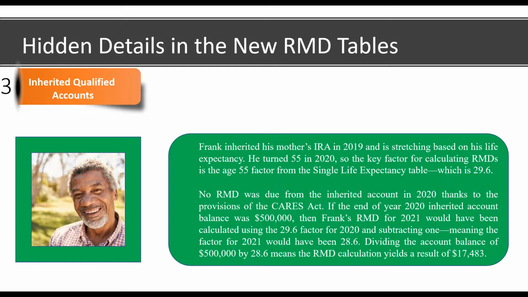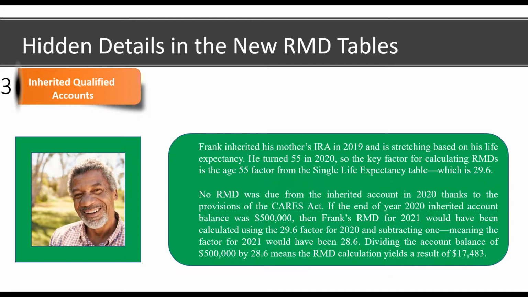Well, we had a special rule in 2020 which said that no RMDs were required from either regular accounts or inherited IRA accounts in 2020, thanks to the CARES Act. So Frank didn't need to take an RMD in 2020.